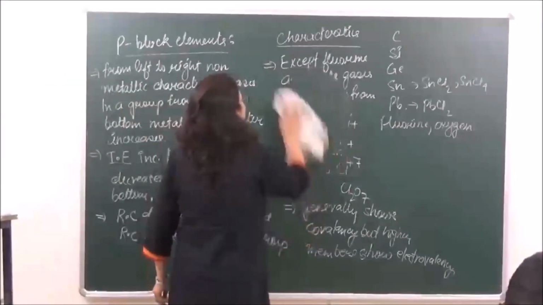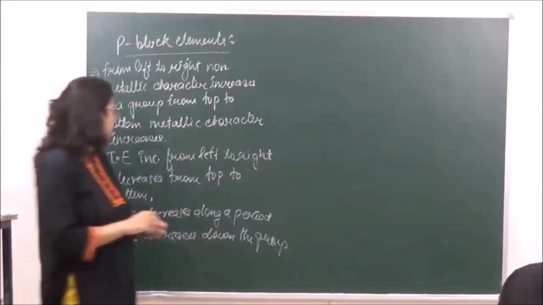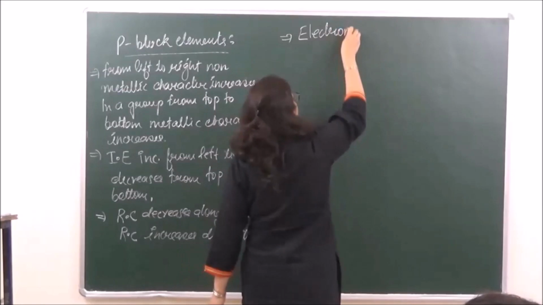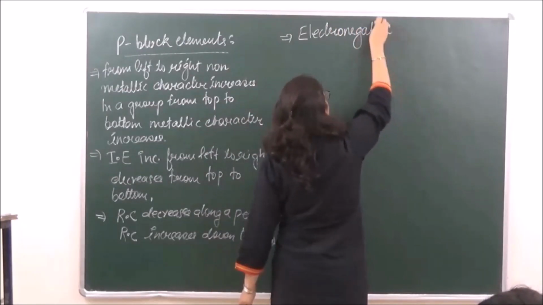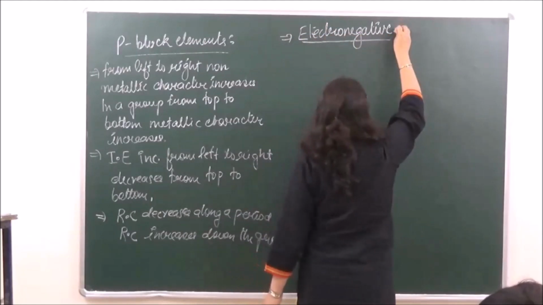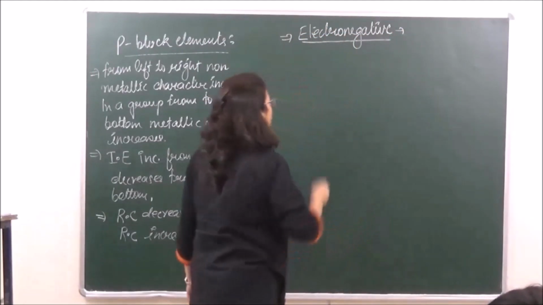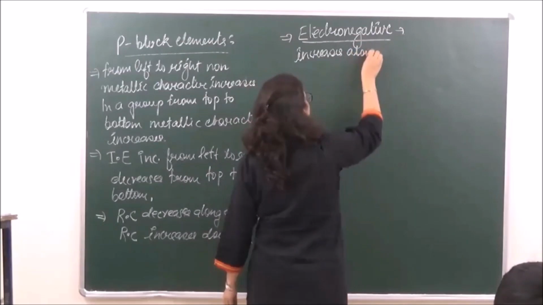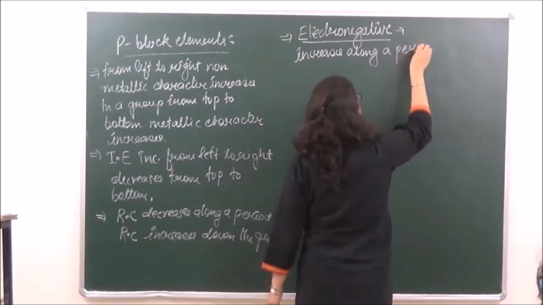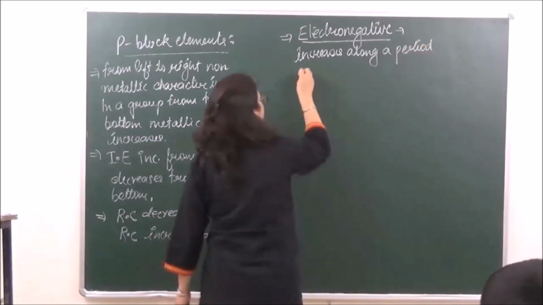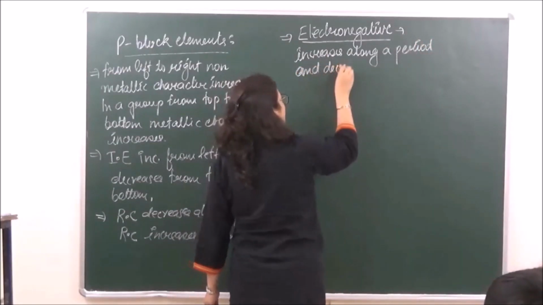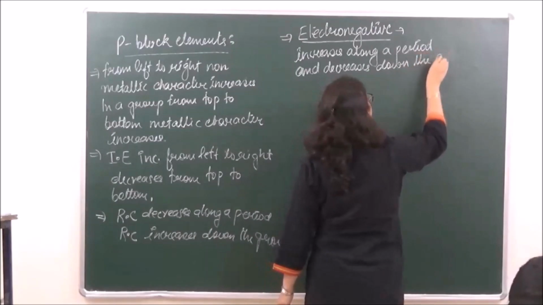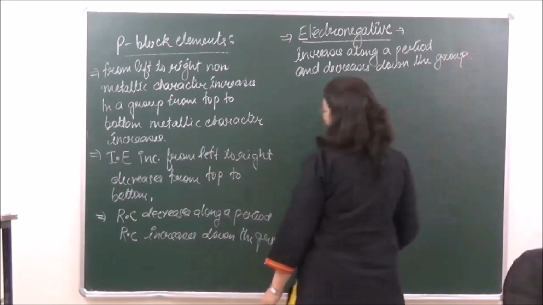So the next characteristic: most of the elements are electronegative in nature, and the electronegativity increases along the period and decreases down the group, right?